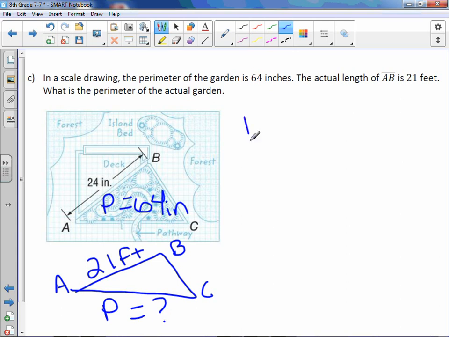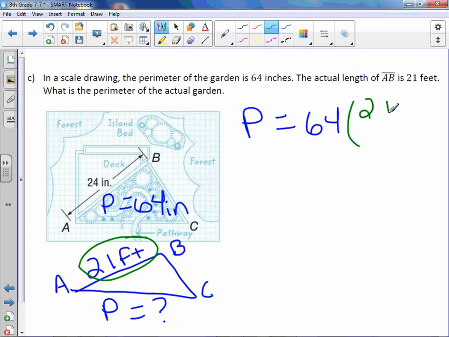Our perimeter is found by taking the old perimeter and multiplying it by the scale factor. 21 is our numerator because that's the measurement we're trying to find, or we're trying to find the perimeter of that triangle, I should say. 24 is the other length. To reduce that fraction, it is divisible by 3.